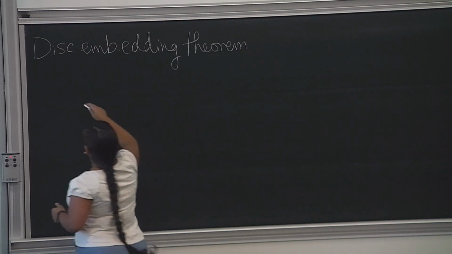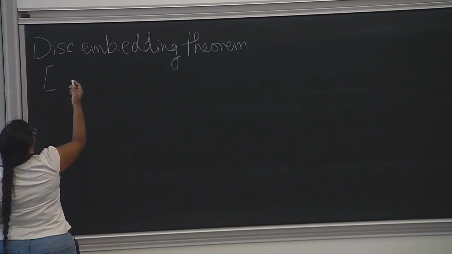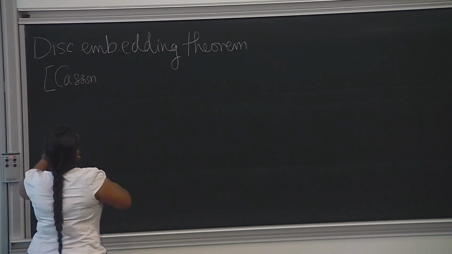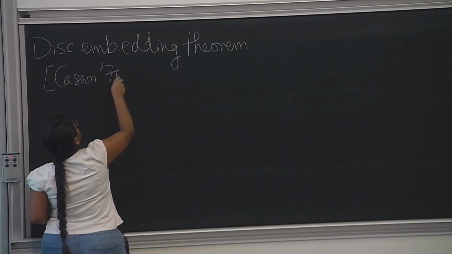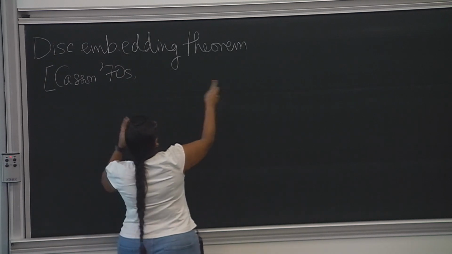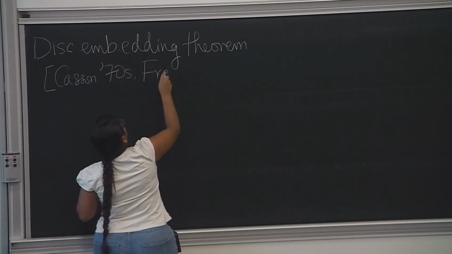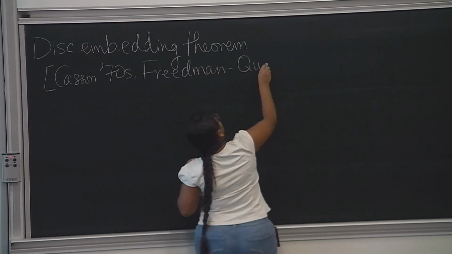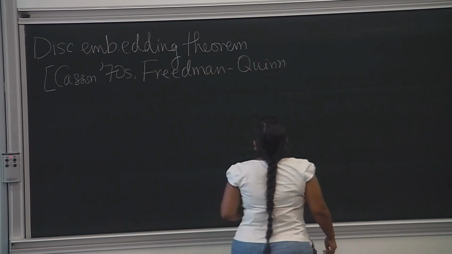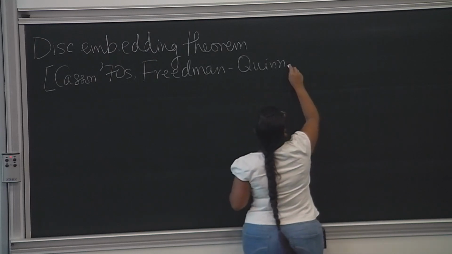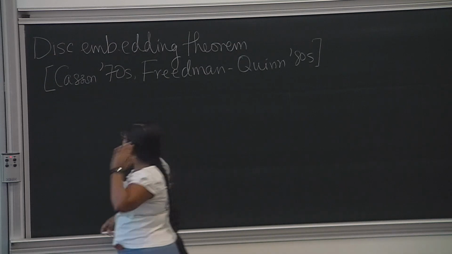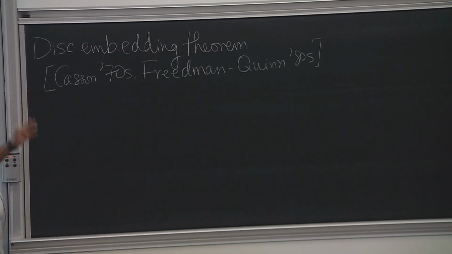And this is the initial work, there's a very central component due to Casson from the 1970s, but the main thing that I'm writing down is due to Freedman and Quinn, let's say 80s. And as you can imagine, I'm going to try to embed disks.